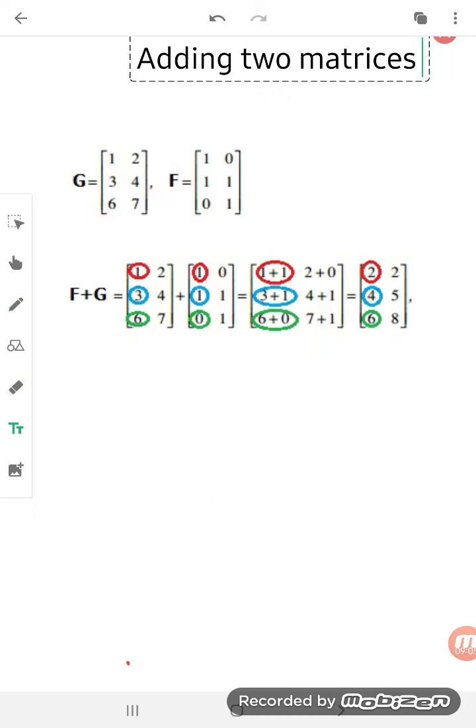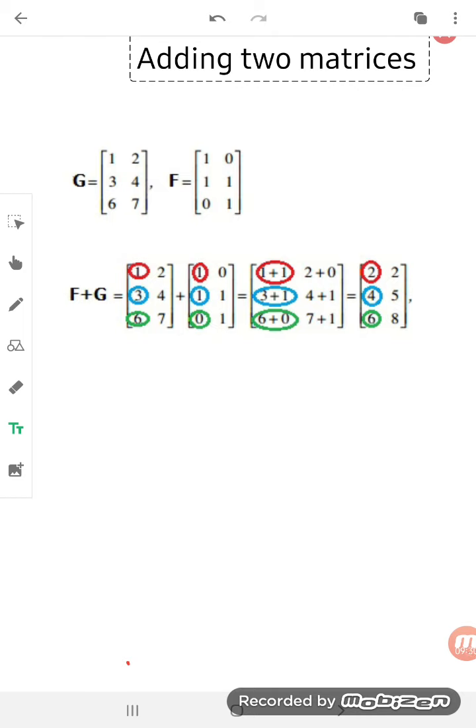Last, adding two matrices. When we have two matrices, the first one is called G and the second one is called F. How can we find F plus G? When we add two matrices, we add the corresponding elements.